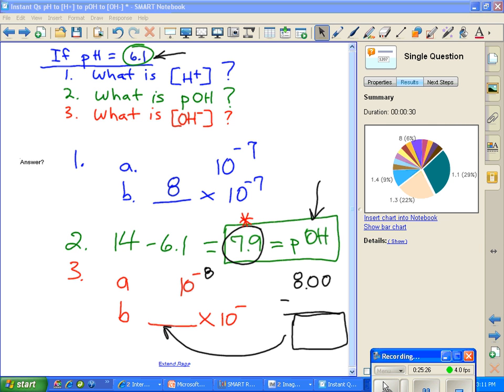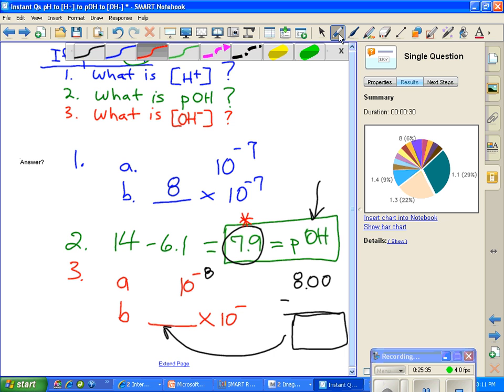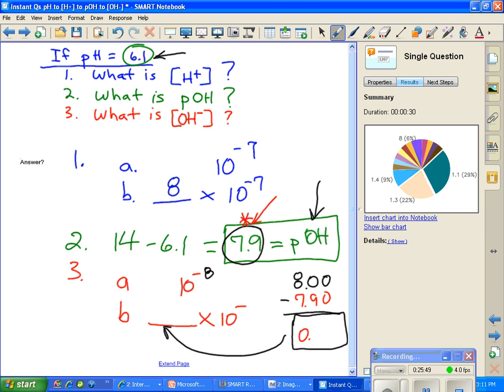Good time to pause, and let's see if you can work this out on your own. Okay, now that we have the results, let's look at the 8.0. We know that that came from the exponent of 10, which was the next highest number from the 7.9. And so the number we're going to subtract here is the 7.90, because that was the pOH. When you subtract that out, we get 0.10.